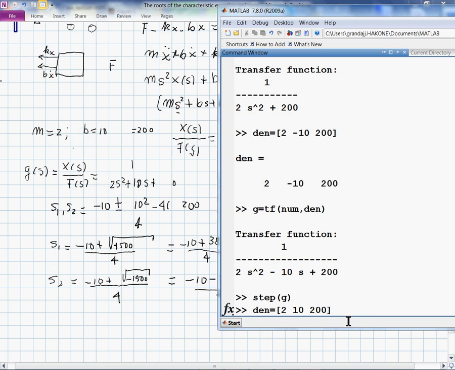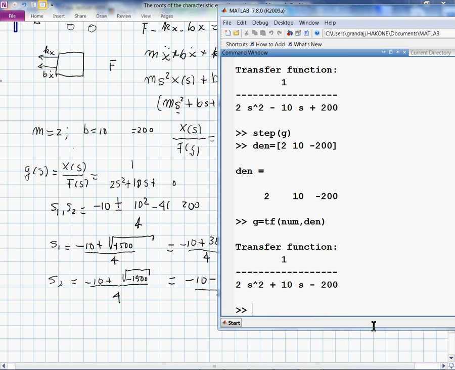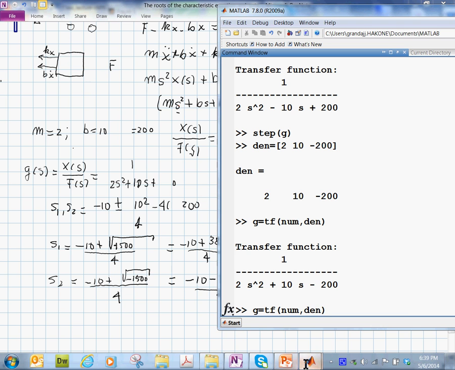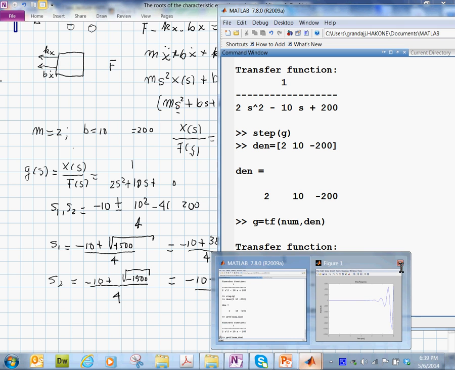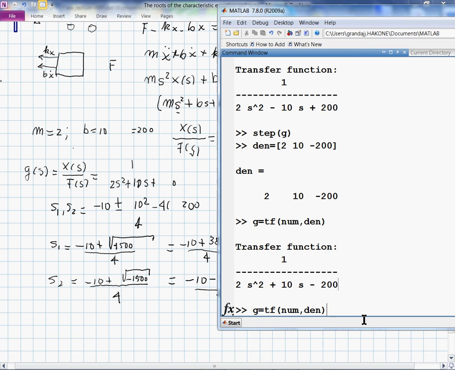If we try it here and say, okay, this is the denominator, and I do the transfer function, see there's the minus sign there, and then I want to know what the response is going to be. This is the transfer function, and you say, okay, find me the step response to this.